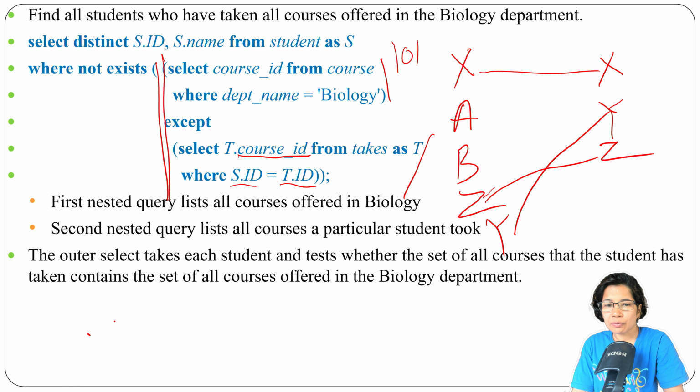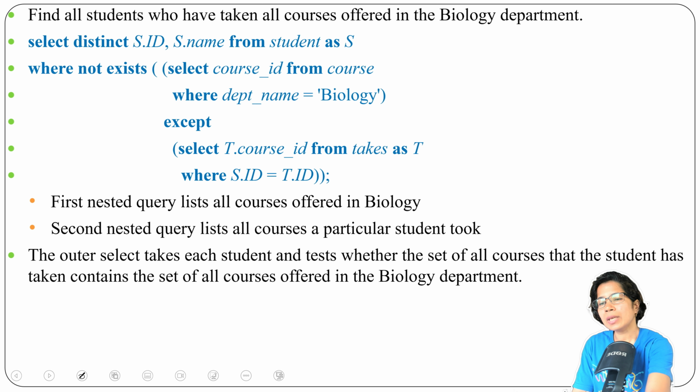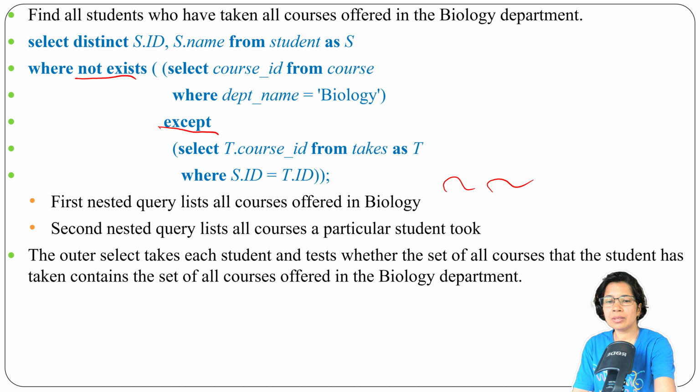So the outer query checks further whether each student takes the courses offered by the biology department. If any student takes the courses offered by the biology department plus some extra courses, like here A and B, that also shows in the output. Here you can see not exists with except. It's like negation.